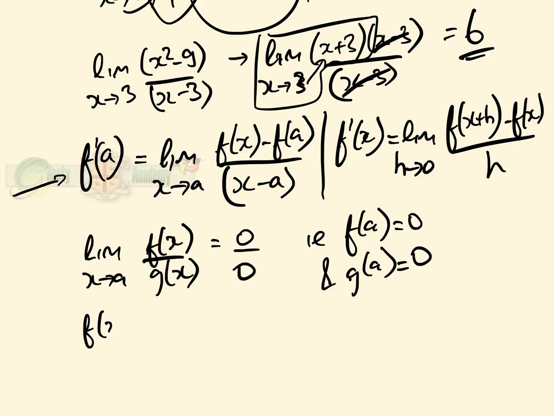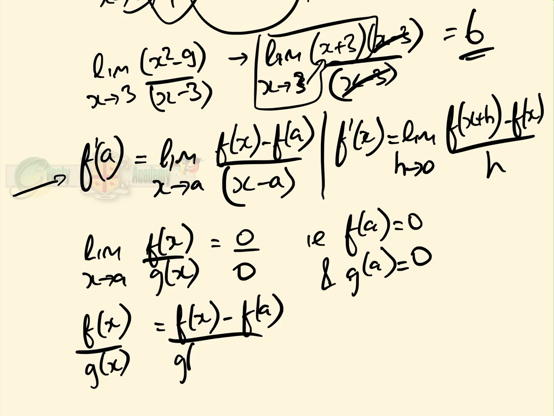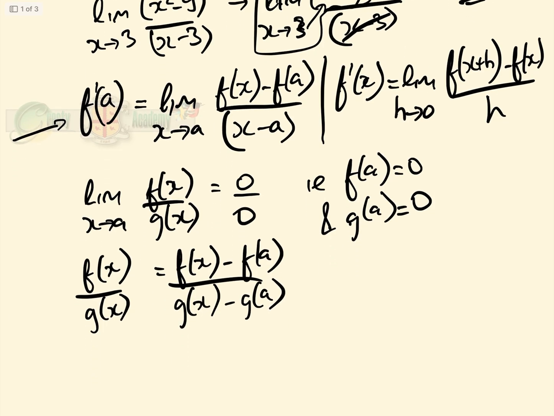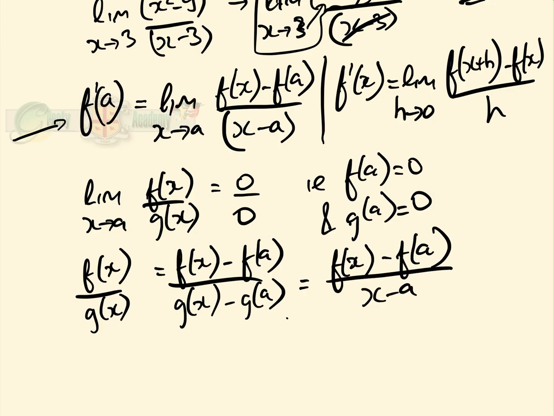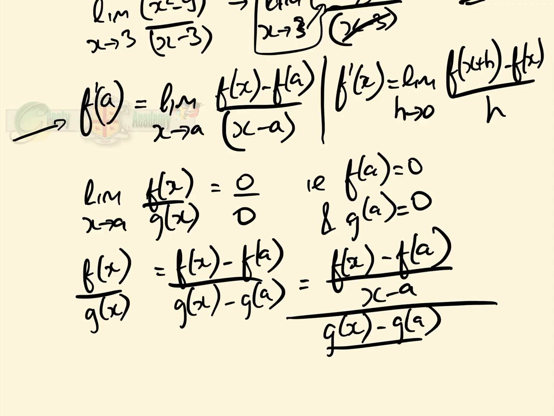So let's rewrite f(x) over g(x) as f(x) minus f(a), because f(a) is 0, over g(x) minus g(a). And we can further rewrite that as (f(x) minus f(a)) over (x minus a), over (g(x) minus g(a)) over (x minus a).